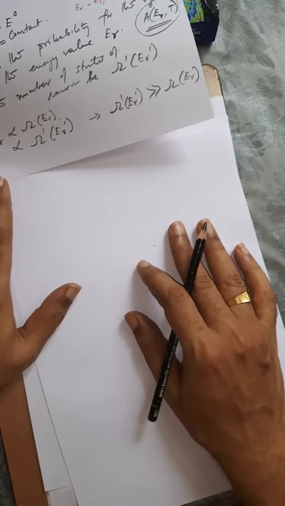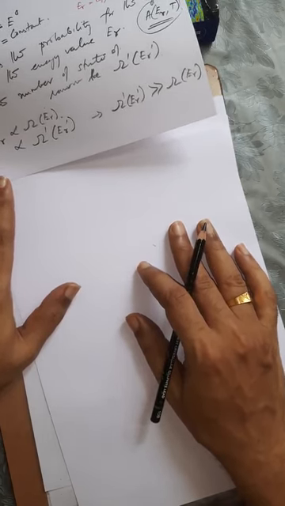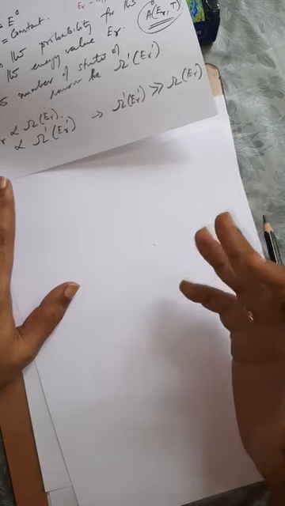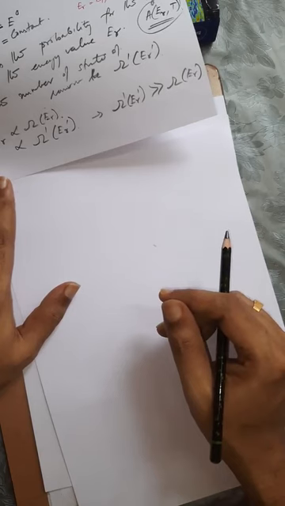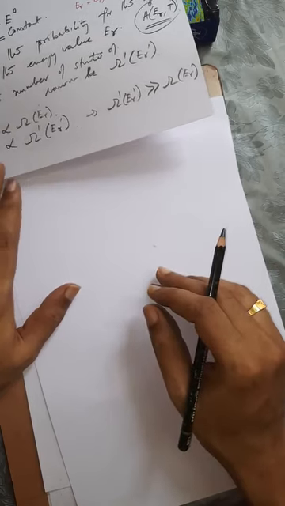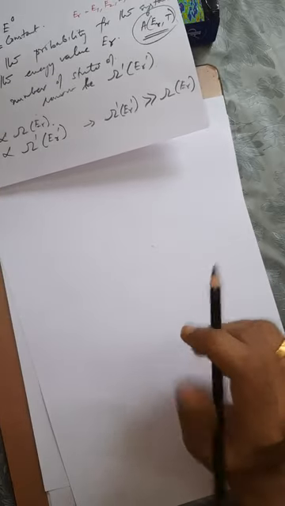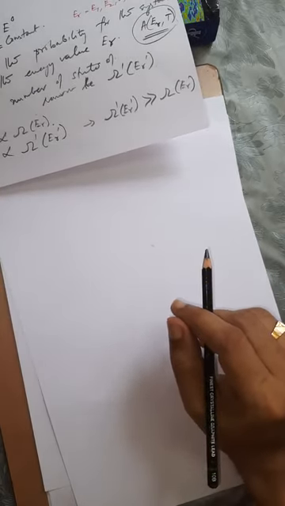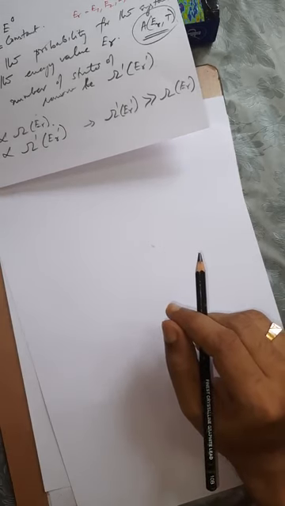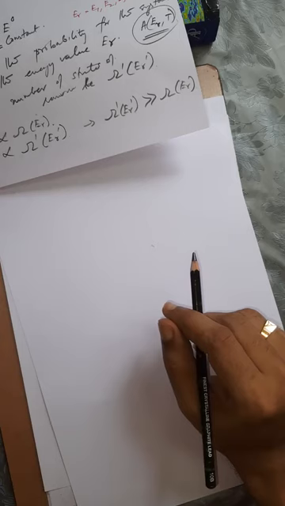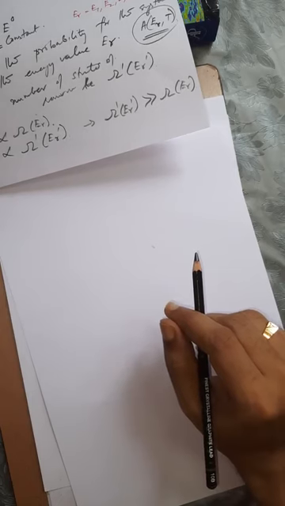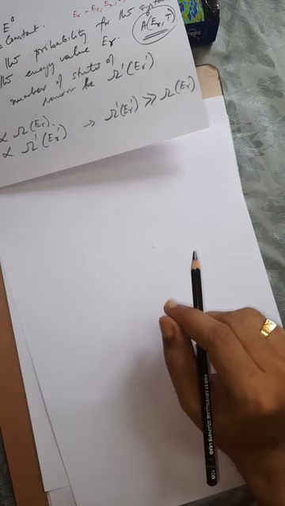Now I should be able to expand the function omega dash ER dash, because only then will I get an idea of that function. This omega dash ER dash is a rapidly varying function.